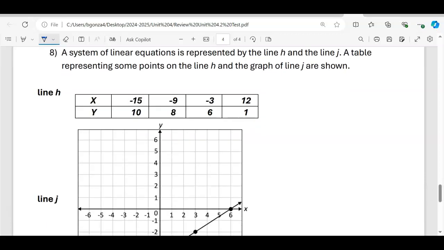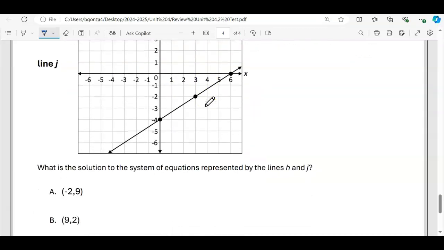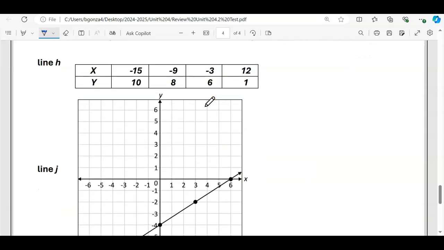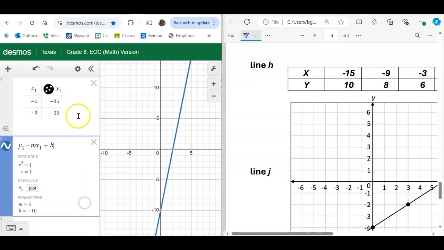A system of linear equations is represented by the line J. You have one table and one graph. Okay. Well, let's take this and get the equation using Desmos like we did before.